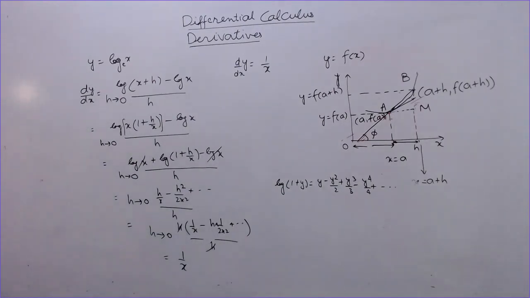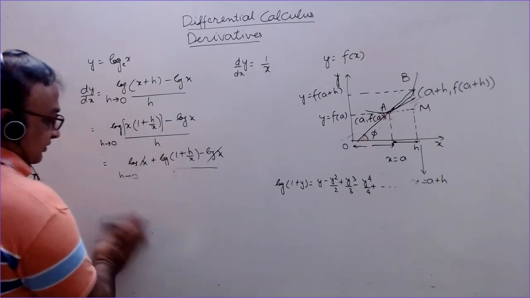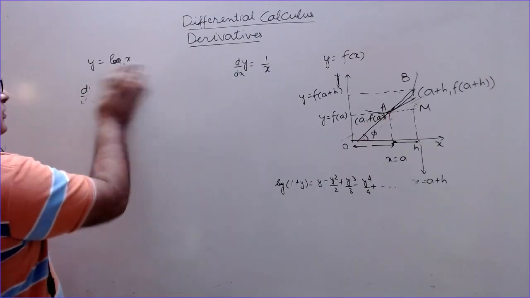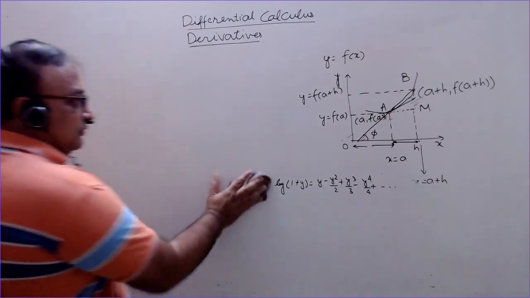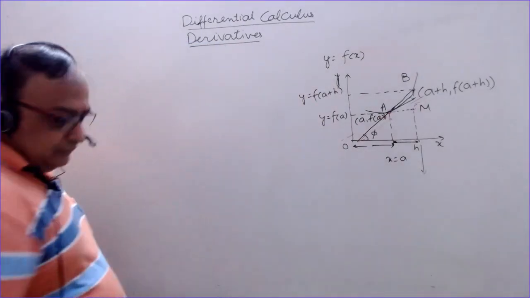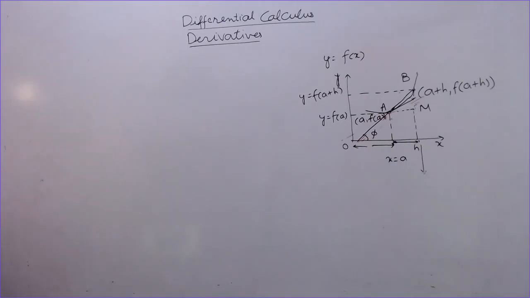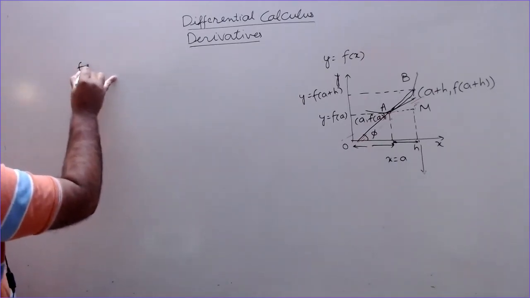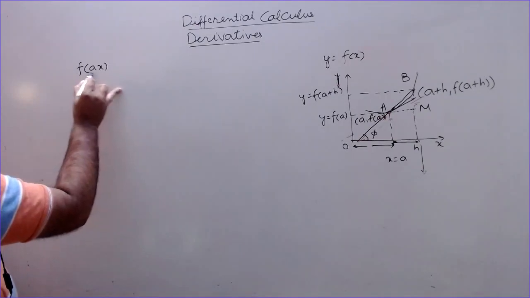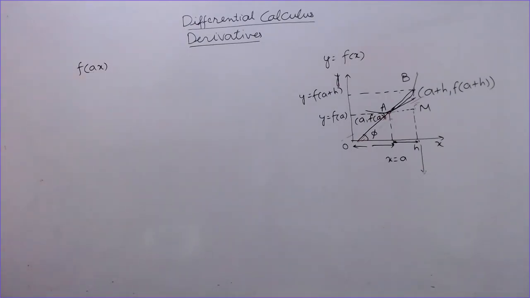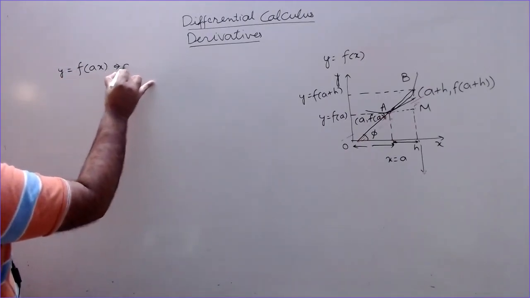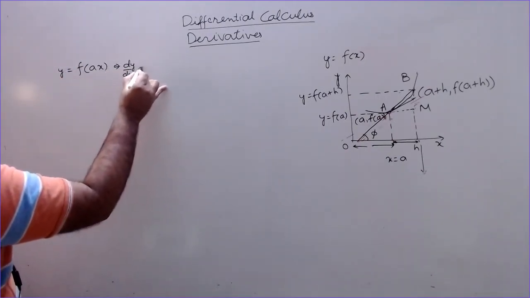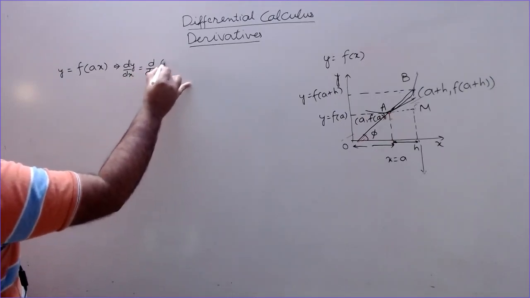Now there are certain properties as far as this derivative is concerned. If you have a function a f(x), where a is a constant and x is a variable, y is equal to this, then dy by dx is equal to d by dx of a f(x).